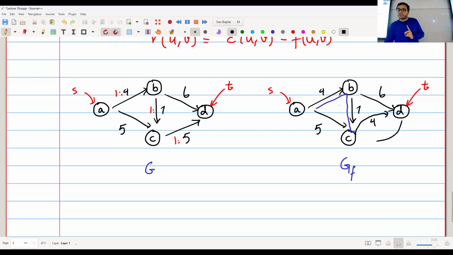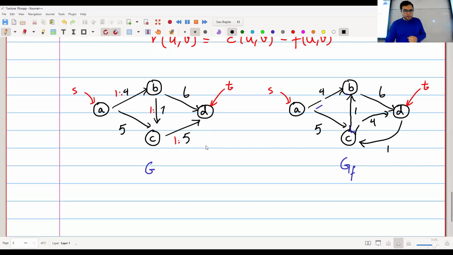But now I have a capacity of 1 from D to C, because I can cancel this 1 unit of flow that I sent from C to D. And here, the capacity from B to C was 1, but I used all of it. So I don't have any remaining capacity from B to C, so I lose the edge from B to C. But now I have an edge from C to B with remaining capacity 1.